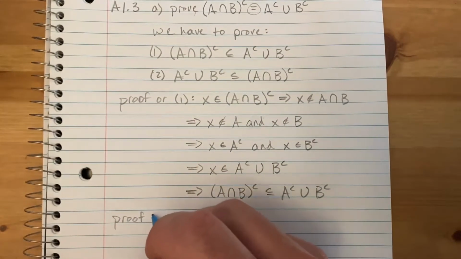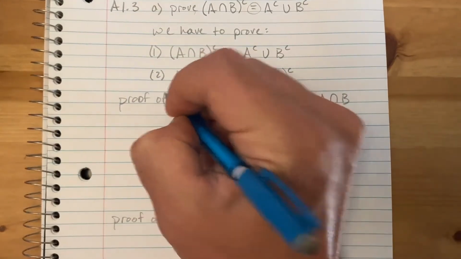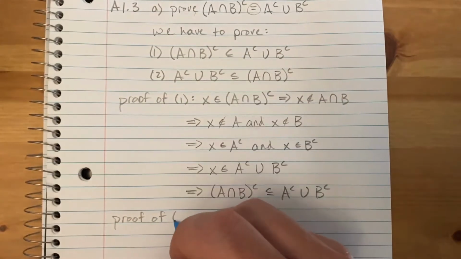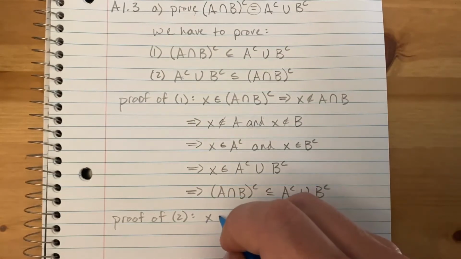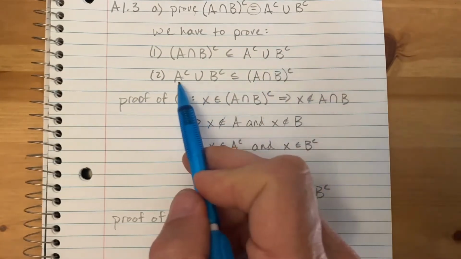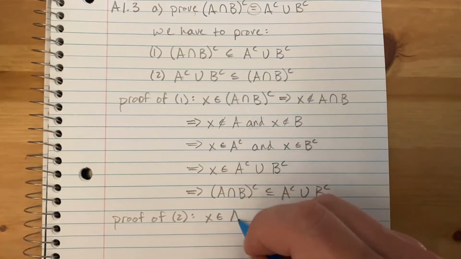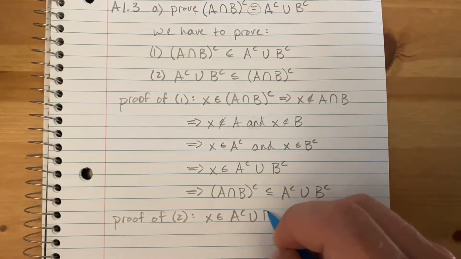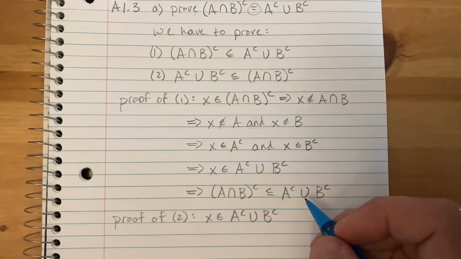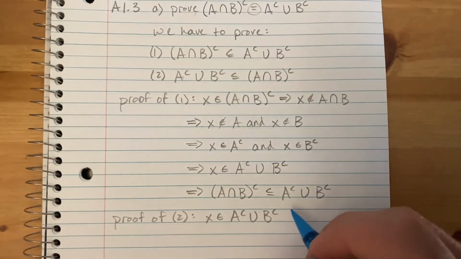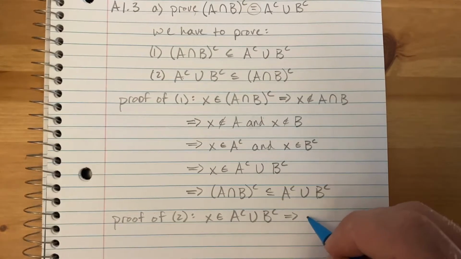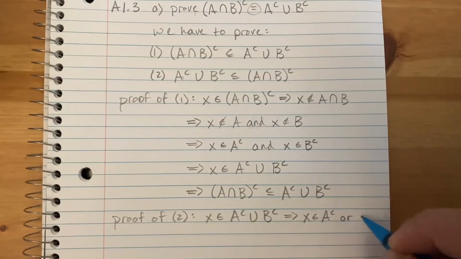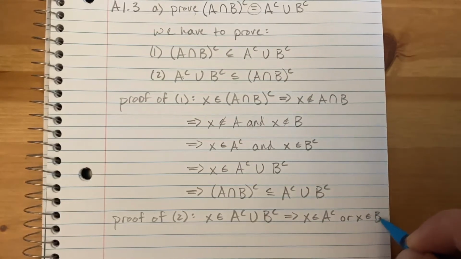All right, so proof of 2. Same thing, we're going to start with some x that's an element, this time of this set, A complement union B complement. And this implies, by definition of what a union is, that x is an element of A complement or x is an element of B complement.